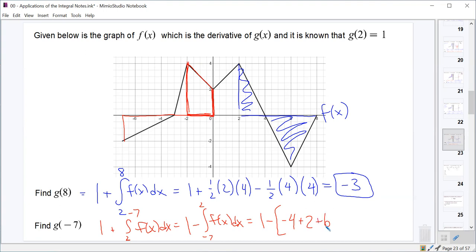So plus 6 for that one, plus another 6 for that one, which gets us all the way to 2, which is where we're trying to get to. And inside of this, we've got negative 4 plus 2 is negative 2. And negative 2 plus 6 is 4. And 4 plus another 6 is 10. So we have 1 minus 10, which is negative 9.